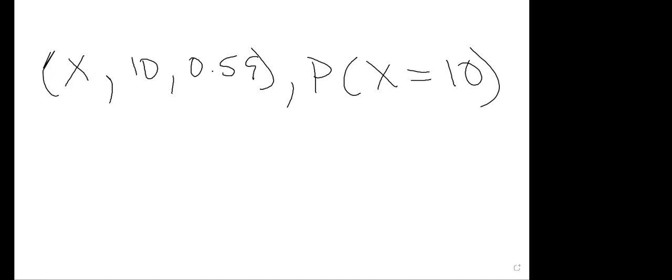And then you will choose binomial PDF. And you will have 10, 0.59, and 6. Binomial PDF. In some calculators, they might ask you what is the number of trials, what is the probability of success, and what is X.